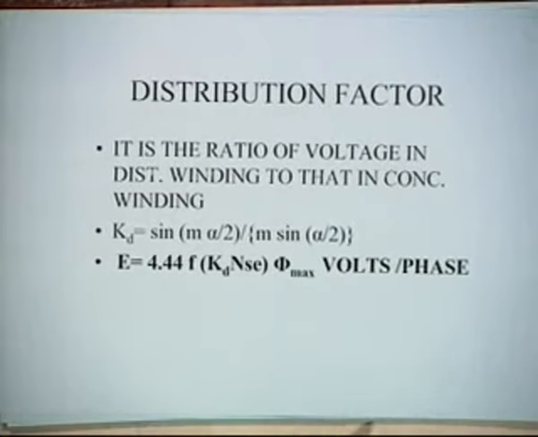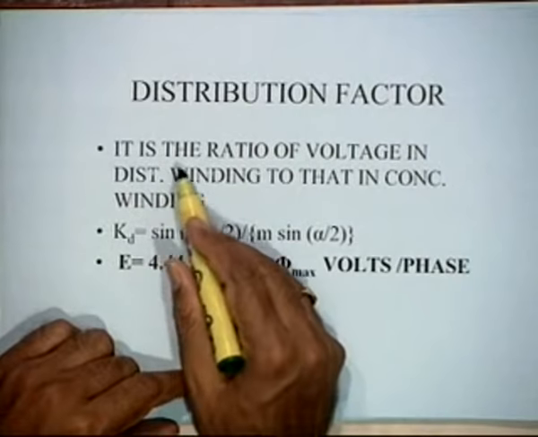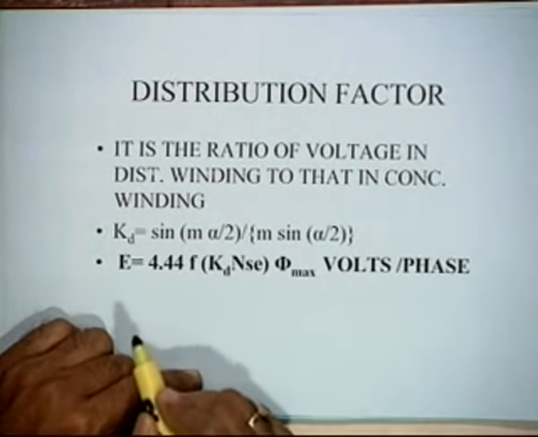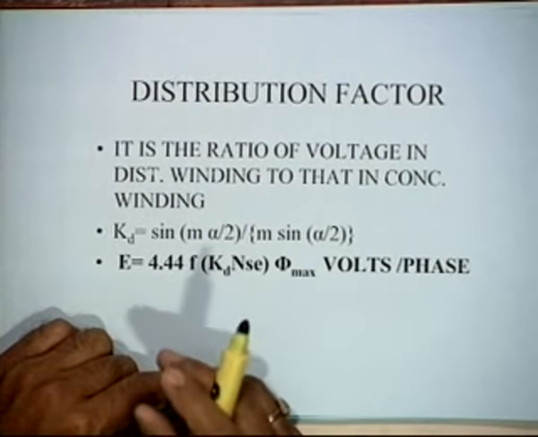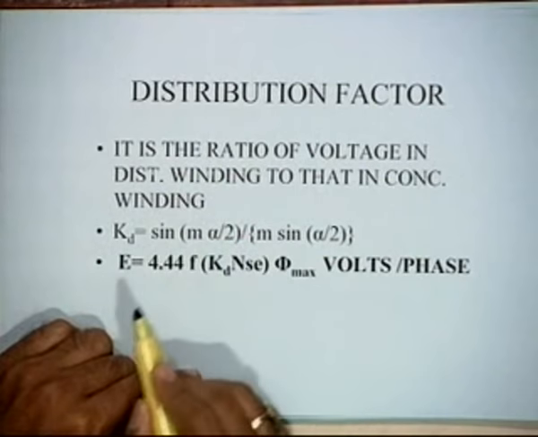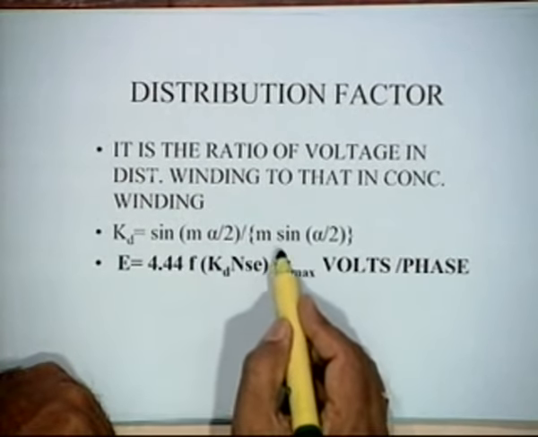So, we have now quickly come to the distribution factor. It is the ratio of the voltage in a distributed winding to that in a concentrated winding. If you distribute, what is the voltage? If you concentrate, put them together, what is the voltage? That ratio we call KD, and KD is sin M alpha by 2 over M sin alpha by 2.